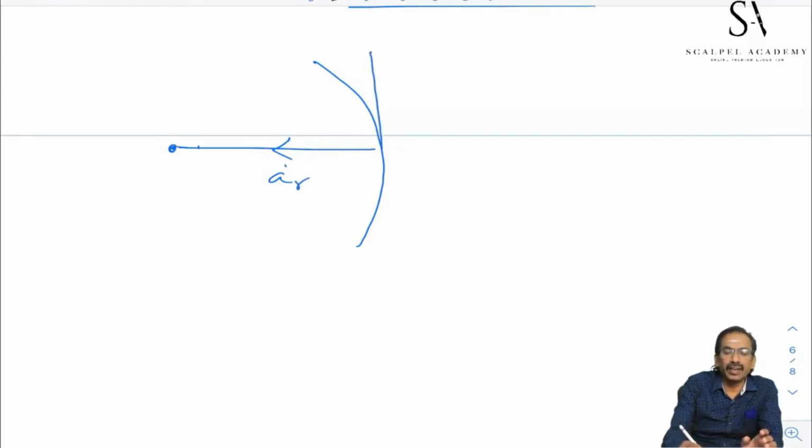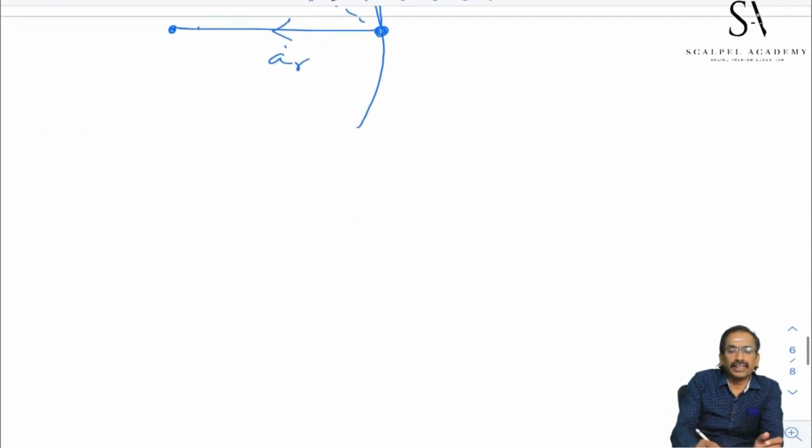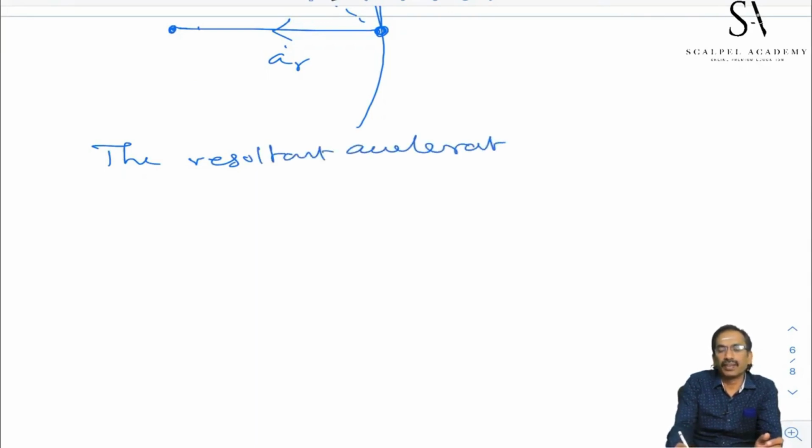Tangential acceleration is perpendicular to the radius. Therefore, the resultant acceleration will be in between AR and AT. So the resultant acceleration A is equal to square root of AR square plus A tangent square.